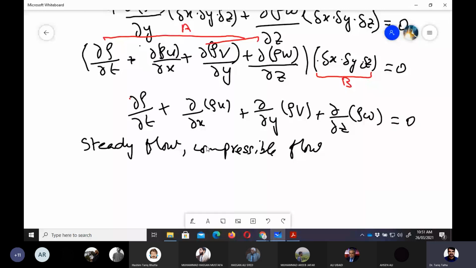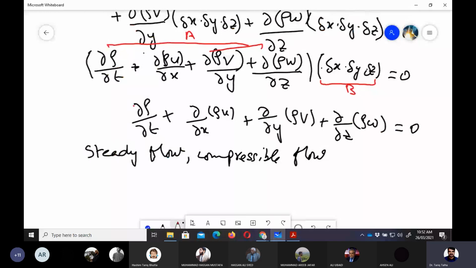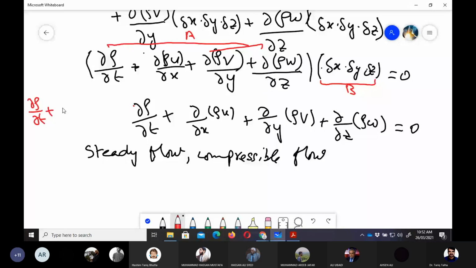So in the vector form, I can write this equation as partial rho upon partial t plus del dot rho V equal to 0. V is the velocity vector, right?